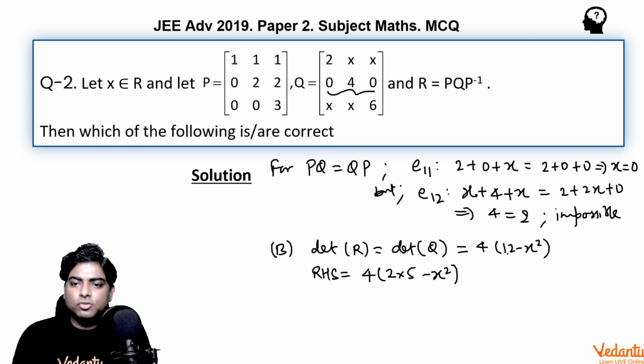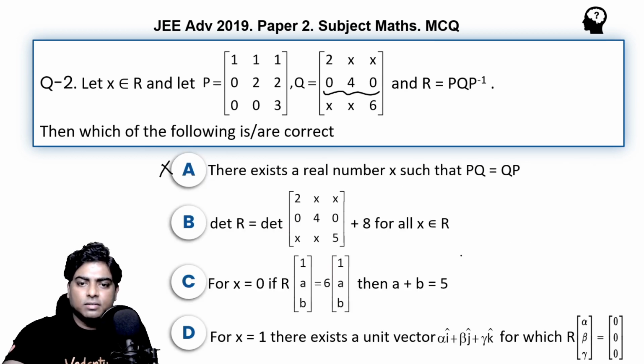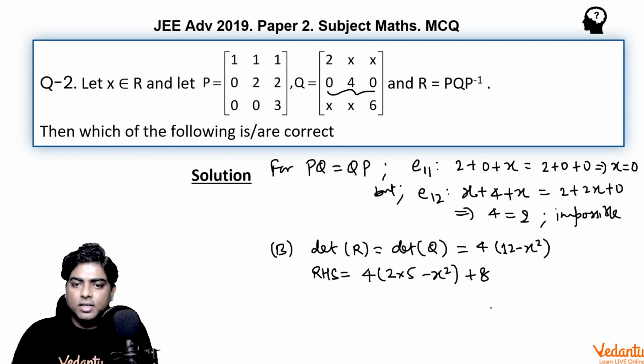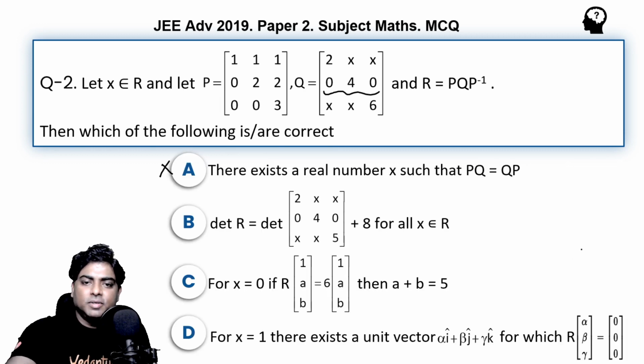It was 2 into 6 minus x square, and this plus 8 was given here, plus 8 for all x belonging to R. So are we getting the same? Let's check. It is 40 plus 8, 48. 48 minus 4x square is the same as the left hand side. So option B in this manner is correct.